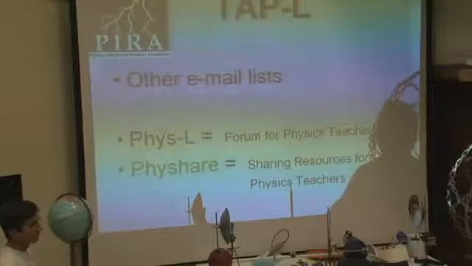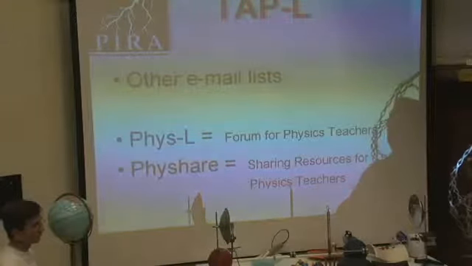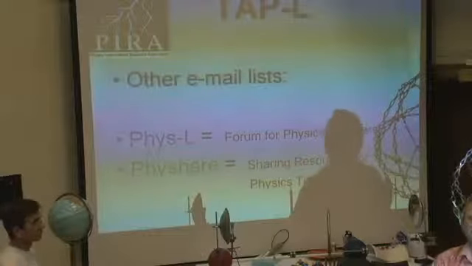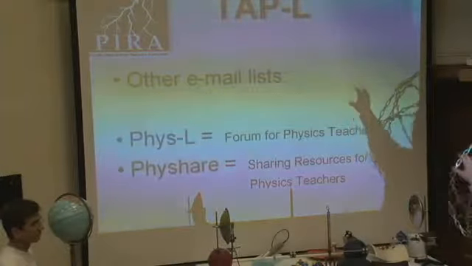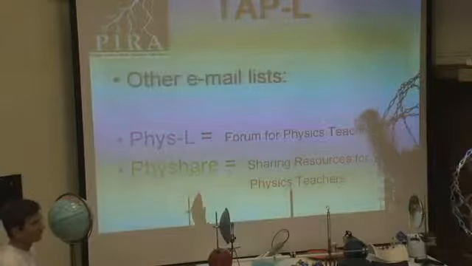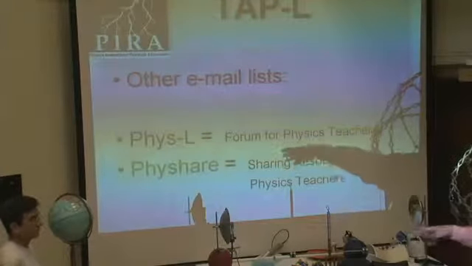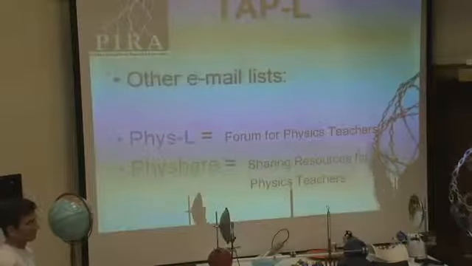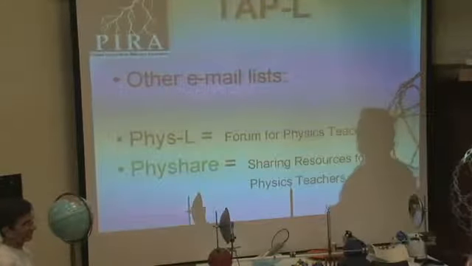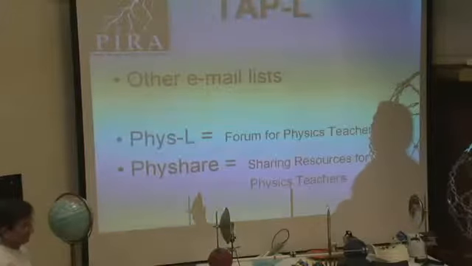It's real easy. If you can't get on by doing it yourself, just contact the list administrator and he'll put you on. But basically what we do is have a lot of people who just lurk and read the emails that most of the big wigs like me and Cliff send back and forth and learn about things, and if you have a question then you can ask on TAPL, and that's how we usually get things done.